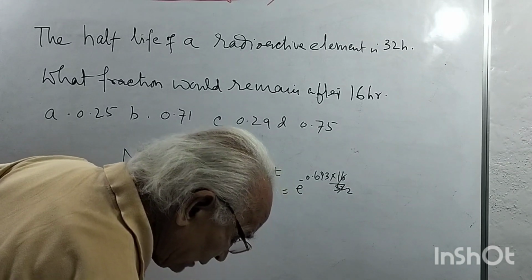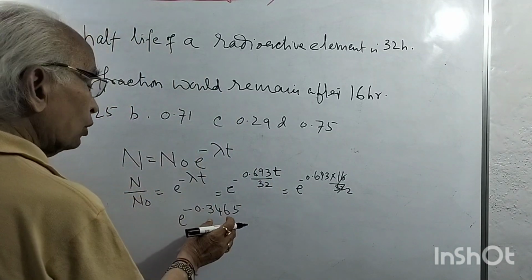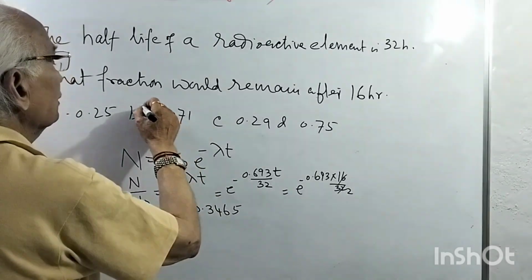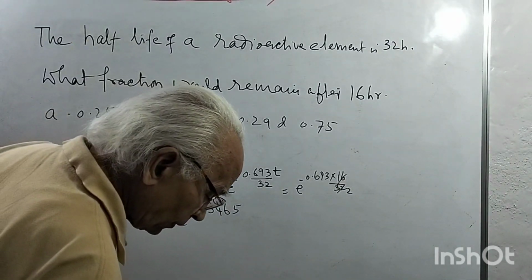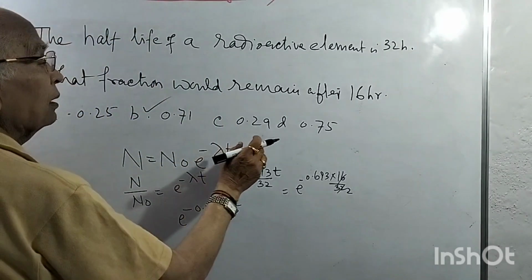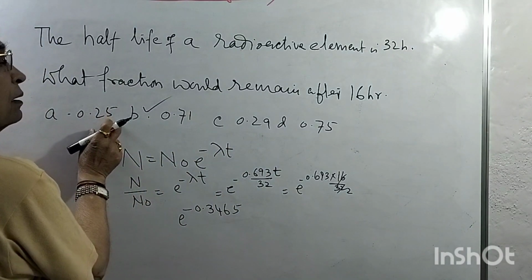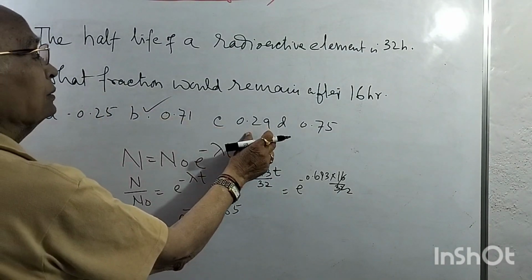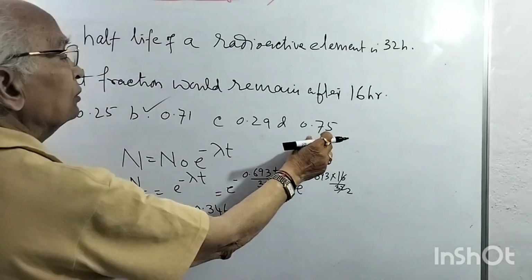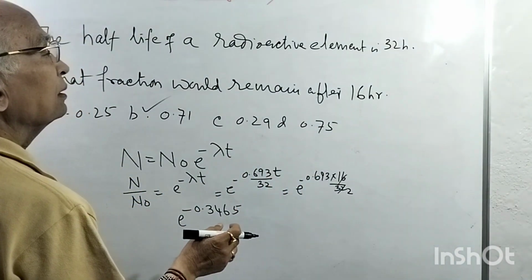Well, the answer is the B part, because this is too much decay, this is also too much decay, this is less decay.